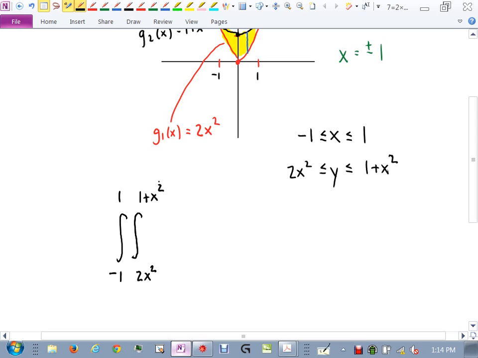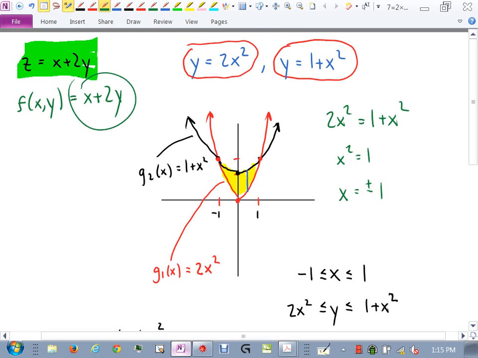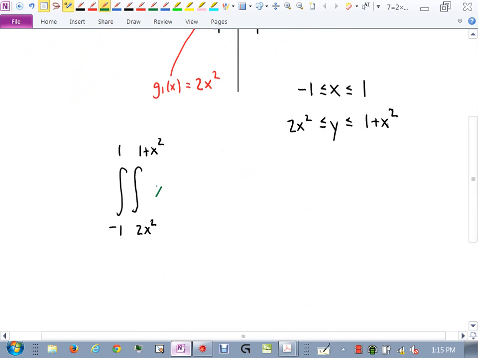The surface itself. Now the surface, back up here, I could have rewritten that as f of xy equals x plus 2y instead of z. But this is my surface. That's the thing that goes in the integrand. So I put down here x plus 2y.